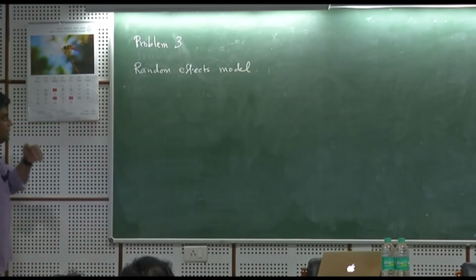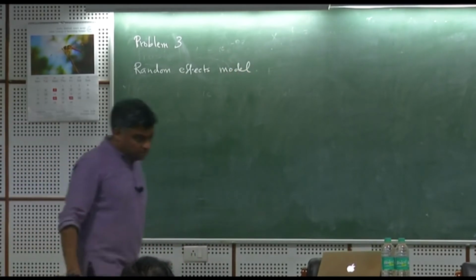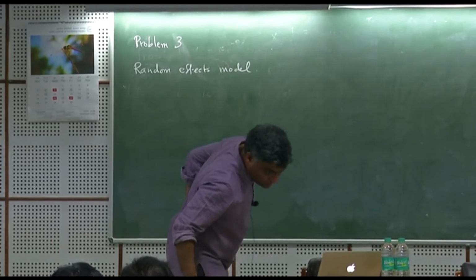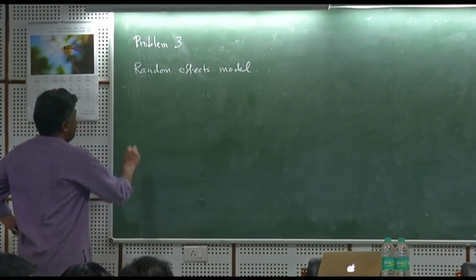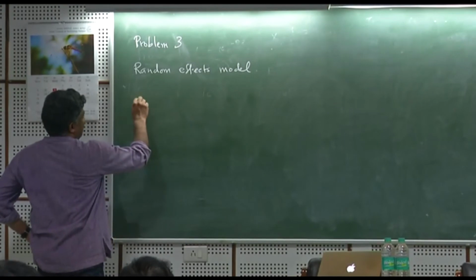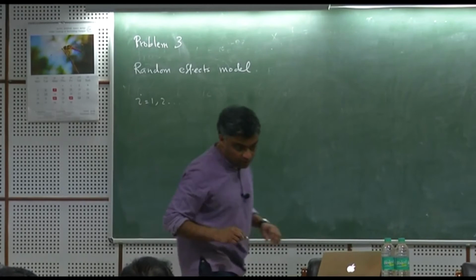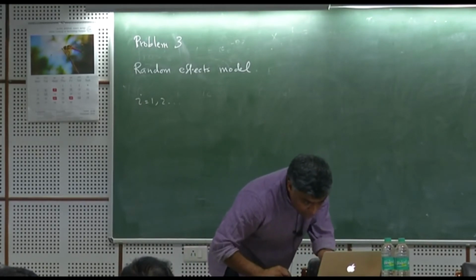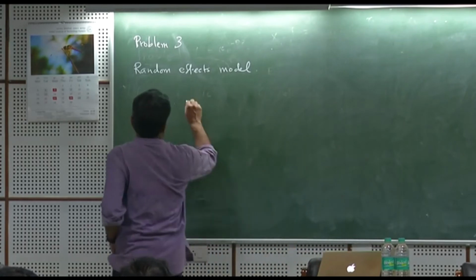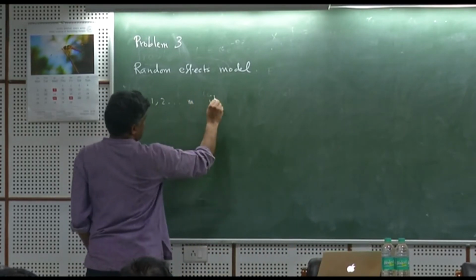And the story of this problem is going to be the following. So I have different individuals. So I have i equals 1, how many did I say? I just want to be consistent with the notation over here. M individuals.